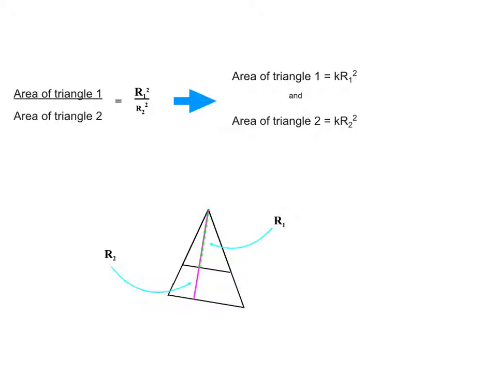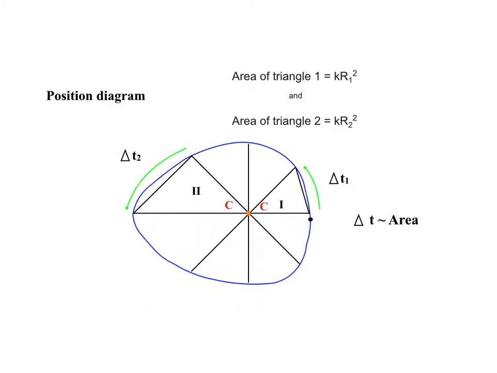At the top left here, we see that theorem I just mentioned stated in equation form. In other words, the area of triangle 1 equals some constant times R1 squared, and the area of triangle 2 equals that same constant times R2 squared. Here I'm showing delta T1 and delta T2, and of course they are not equal, but they are each directly proportional to the corresponding area swept out.